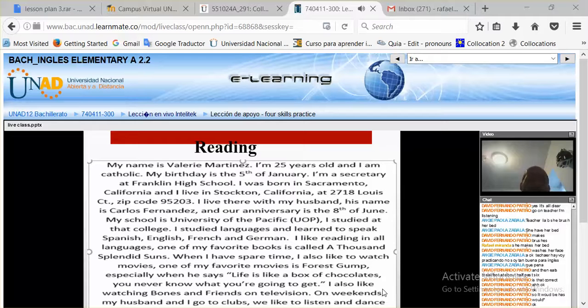So the paragraph says like this: My name is Valerie Martinez. I am 25 years old and I am Catholic. My birthday is on the 5th of January. I am a secretary at Franklin High School.